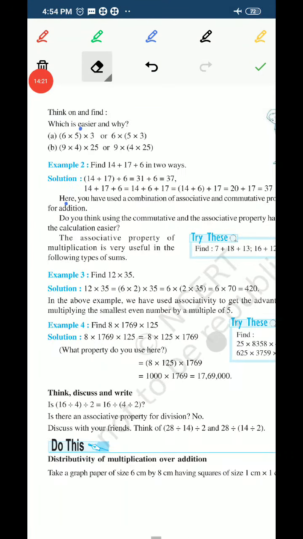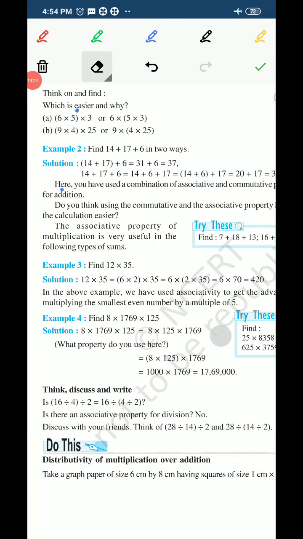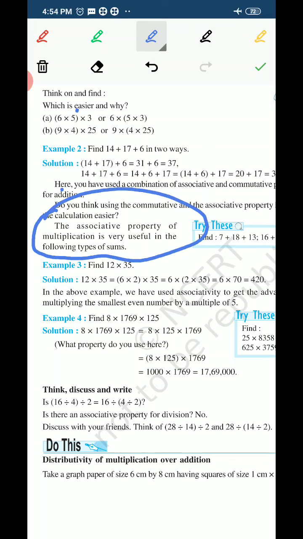Now let's see. On this page they have written that the associative property of multiplication is very useful in the following type of sums, in multiplication also. Let's see how associative property helps us to do the multiplication. We have to find the multiplication of 12 and 35 in this example.